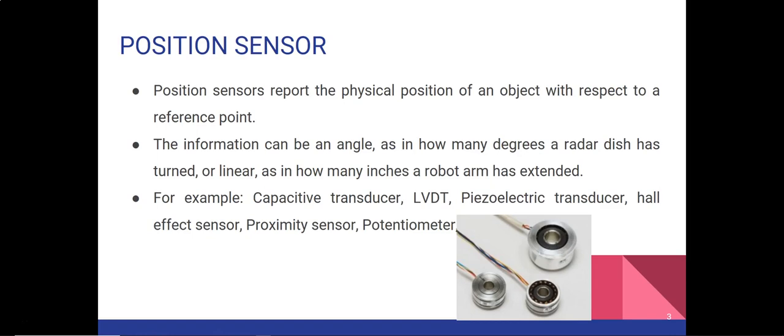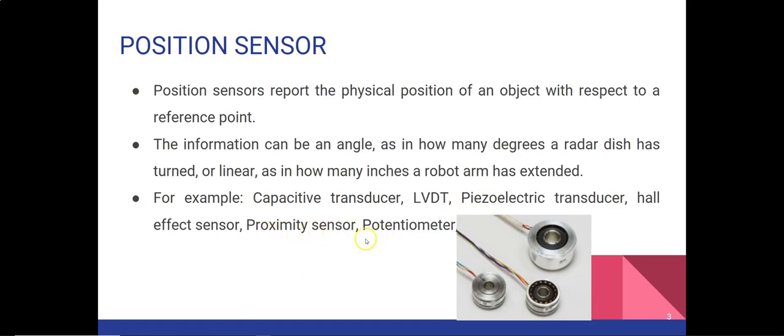These position sensors can be linear, angular, or multi-axis. Some examples of position sensors are given here: capacitive transducer, LVDT, which is a linear variable differential transformer, piezoelectric transducer, Hall effect transducer, proximity sensor, potentiometer.